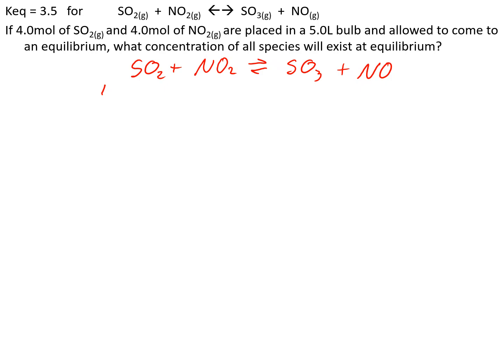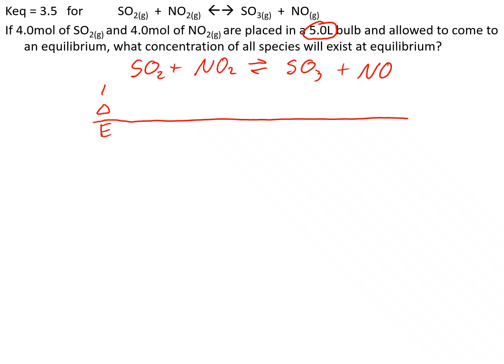Write my ICE like that, and now I'm going to input some of my values. So I read my equation, and it says I start with 4 moles of SO2 and 4 moles of NO2, and that's it. Most importantly, it's in a 5-liter container.